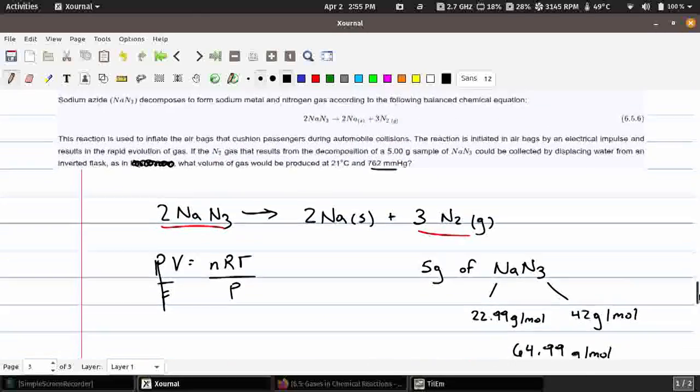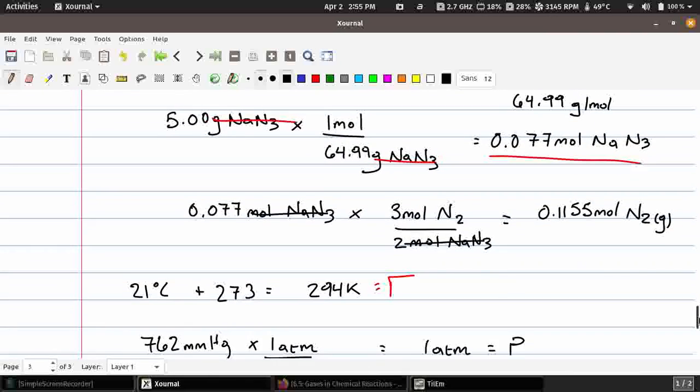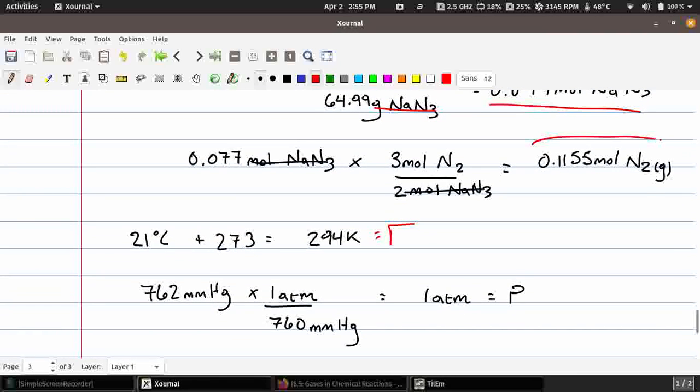So now we have everything that we need. We just have to plug it in.